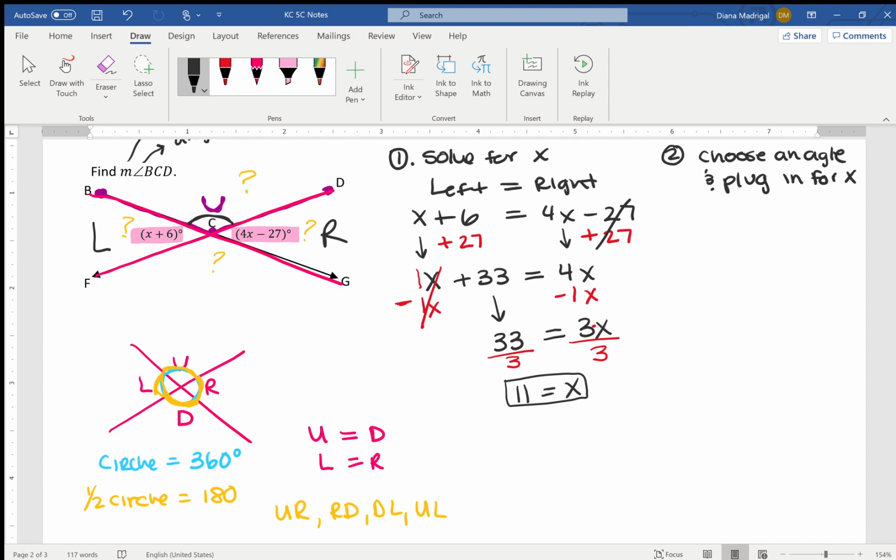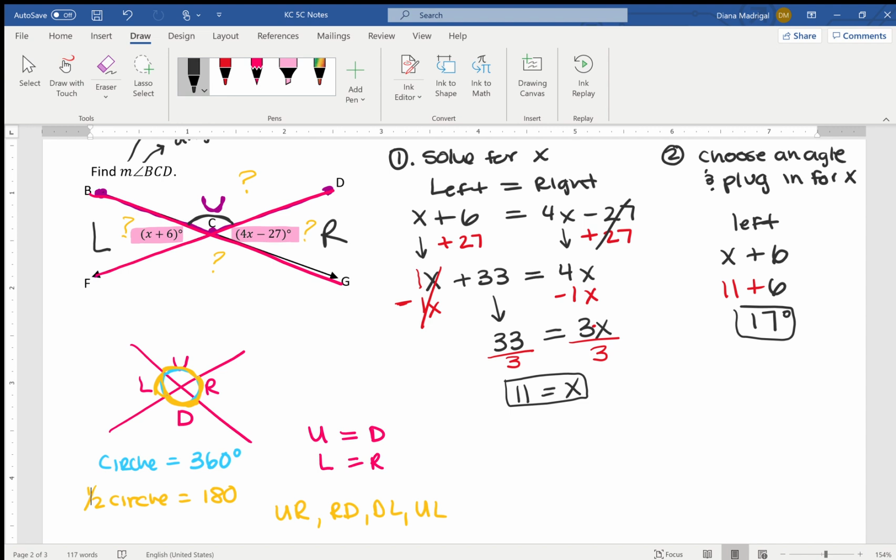How much is the left angle? X plus 6. How much is x? X is 11, right? Remember? So 11 plus 6. How much is 11 plus 6? 17. That means that the left angle is 17 degrees.